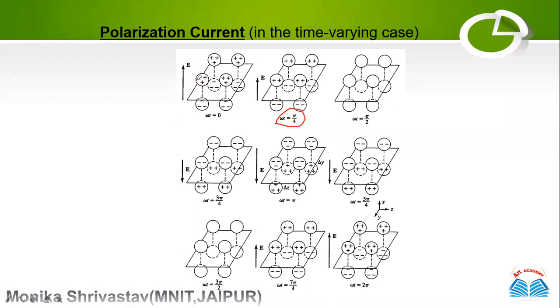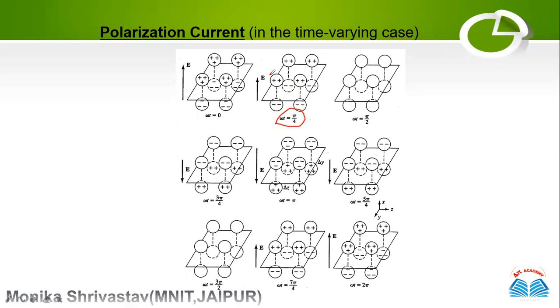You can see that the number of positive charges and negative charges are reduced. Here there were three charges in each electron cloud. Here there are two charges only on each electron cloud. This is only a schematic representation.